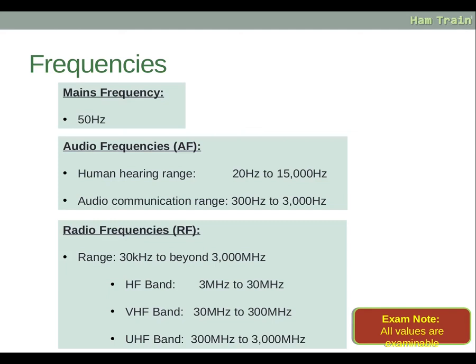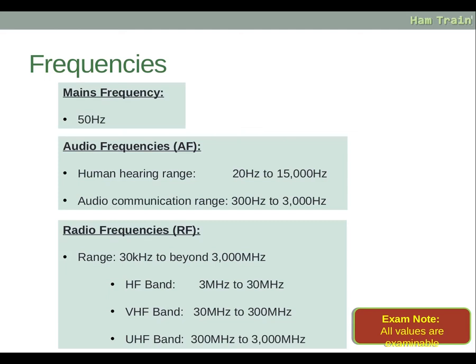And the UHF band, which is ultra high frequency, runs from 300 megahertz to 3,000 megahertz. So as you can see, radio frequencies are much, much higher frequency than what we can hear, and again what the mains voltage is in a property.